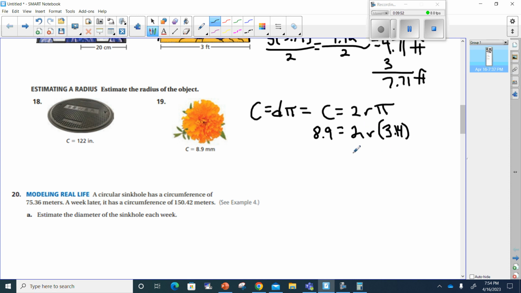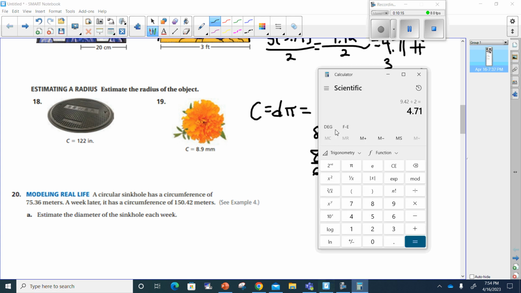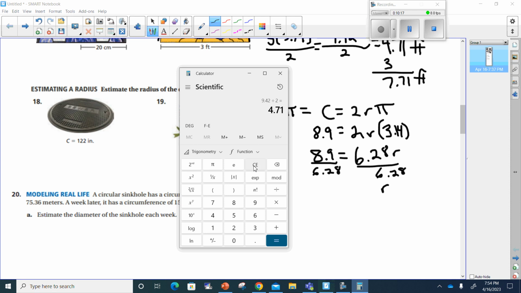I know 2 times 3.14 is 6.28. So it's going to be 6.28r equals 8.9. I need to divide 6.28 away from r to get r by itself. And whatever I divide from one side, I divide from the other. So what is 8.9 divided by 6.28?